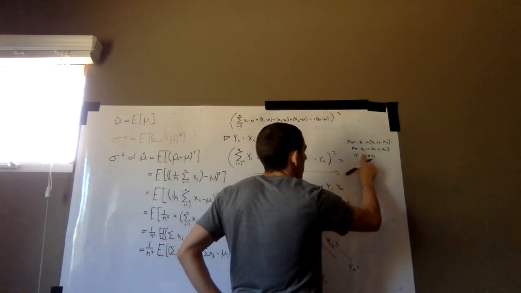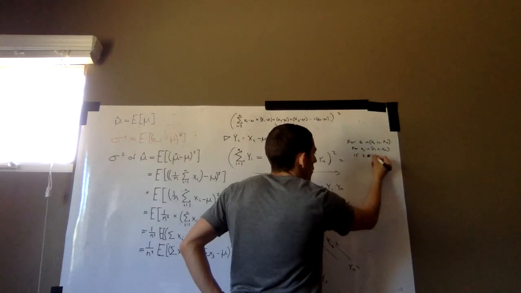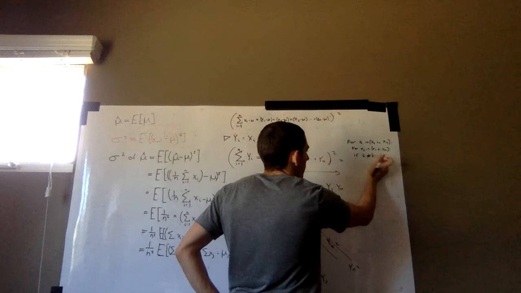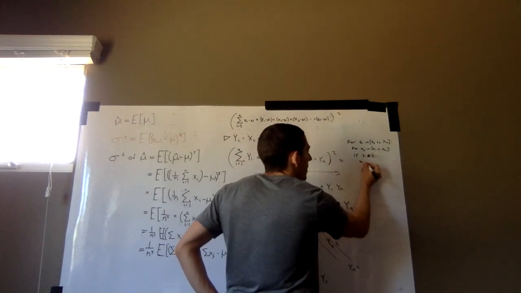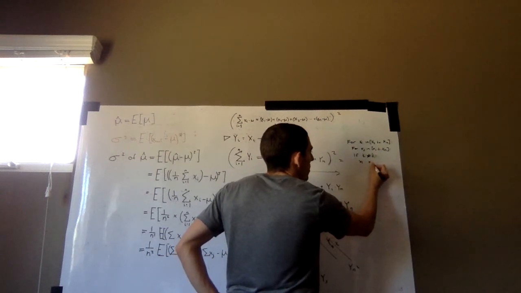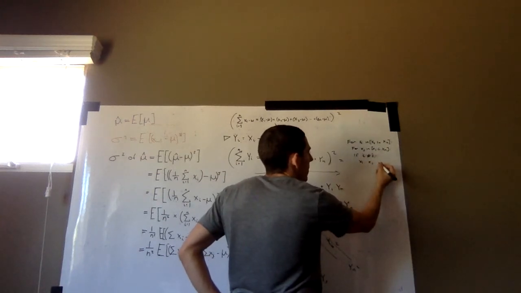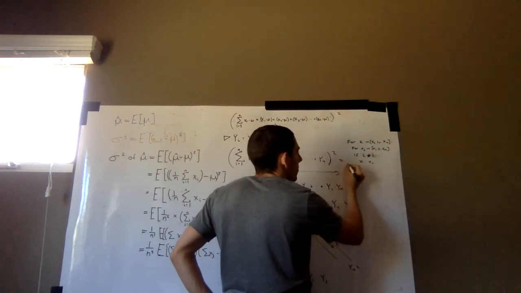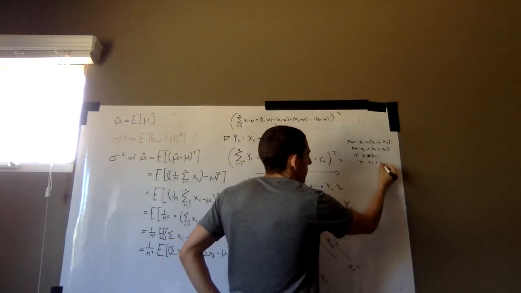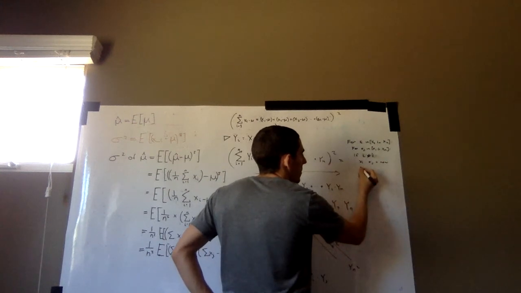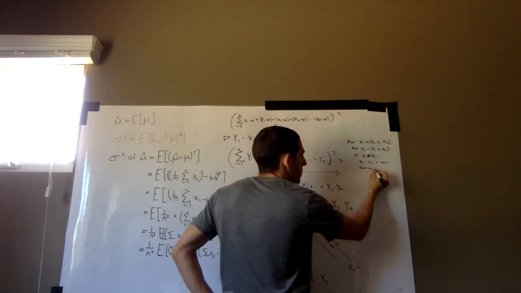No, that's not true. If i is not equal to j, then xi times xj gets added to the new sum, plus equals new sum.